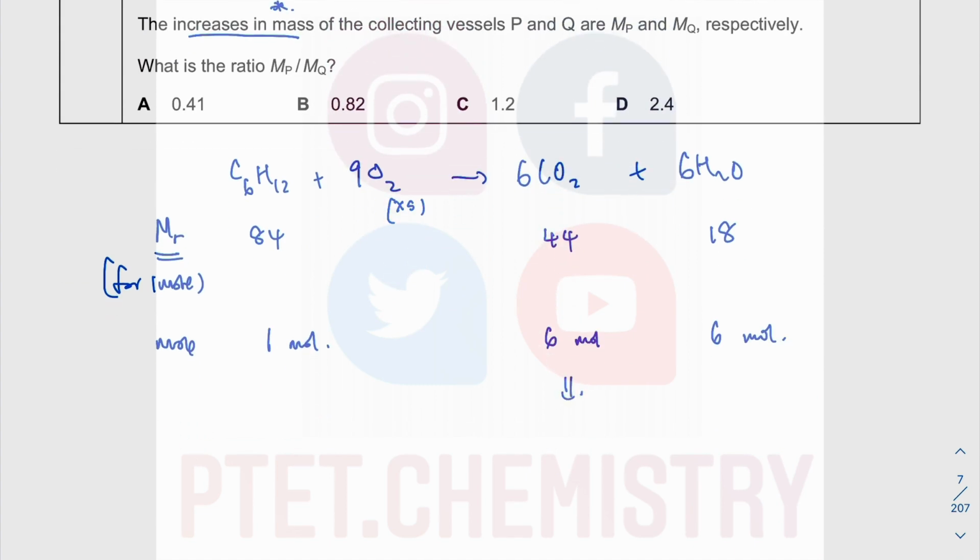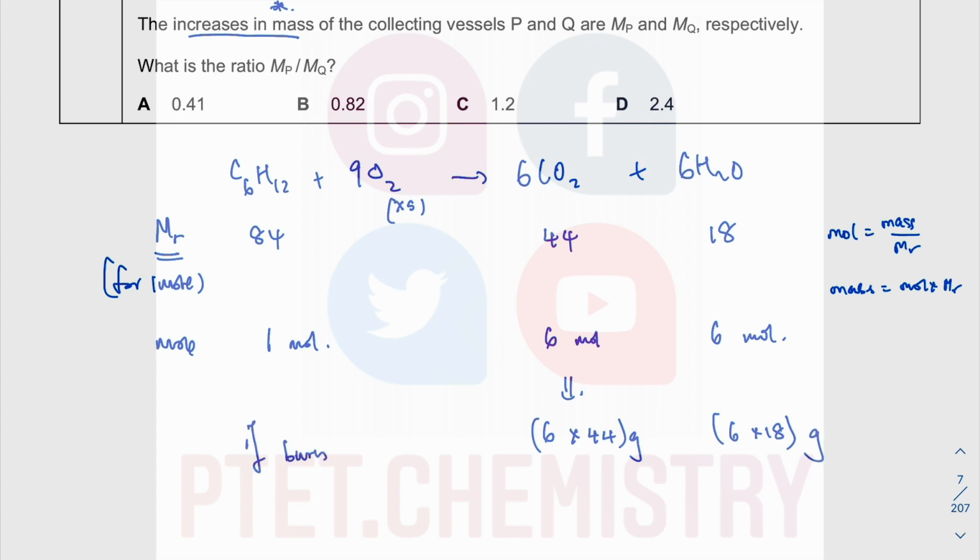I will get 6 mole of it, which is, mole is equal to mass over MR. So mass is going to be mole times MR. So 6 times 44 gram. So 6 times 18 gram. If I burn 1 mole of C6H12, okay? So what can we say?